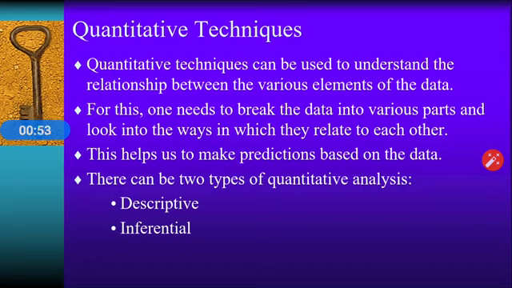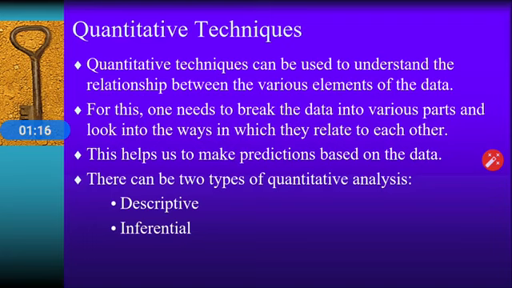Quantitative techniques can be used to understand the relationship between the various elements of the data. For this, one needs to break the data into various parts and look into the ways in which they relate to each other. This helps us to make predictions based on the data. There can be two types of quantitative analysis.